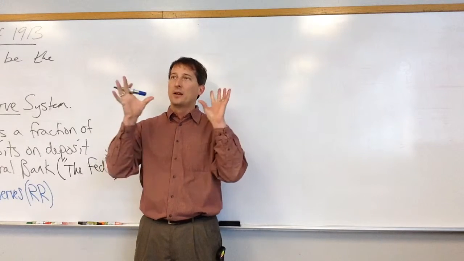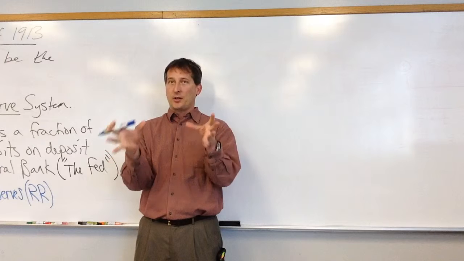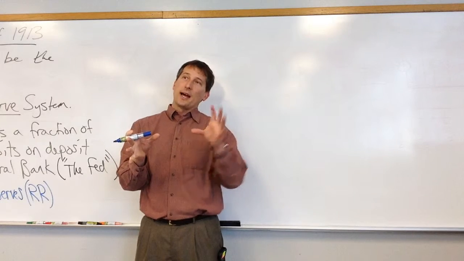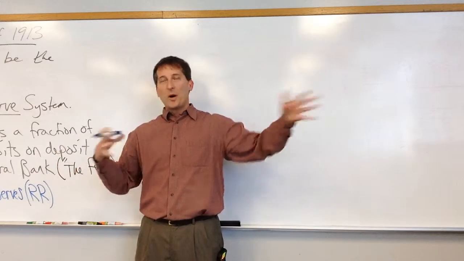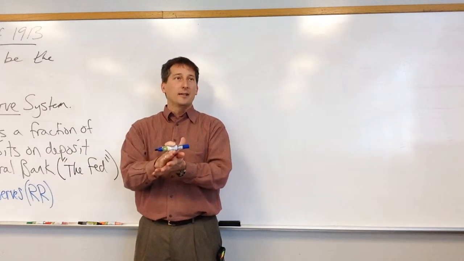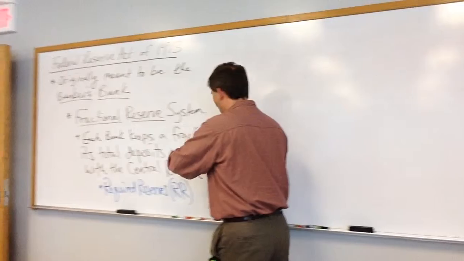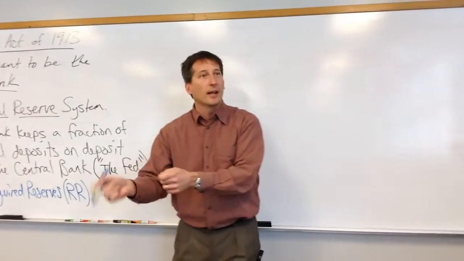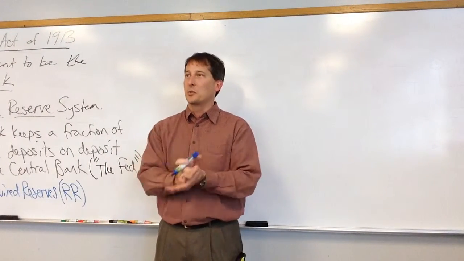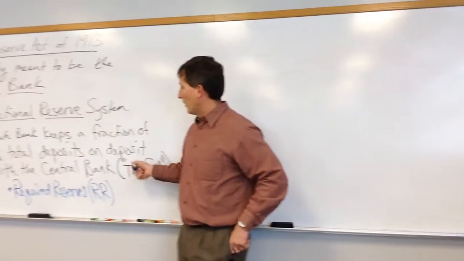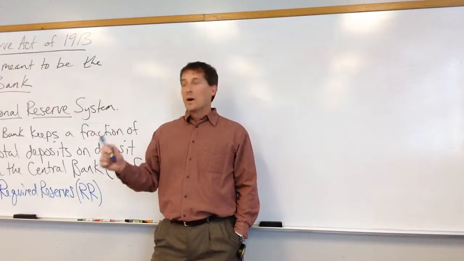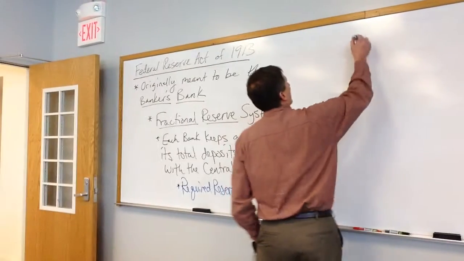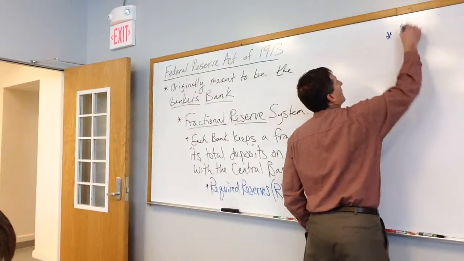So they have enough vault cash on hand so that if any one of their depositors on an average day walks into the bank and says, I want my money, they go to the bank vault, pull it out, whip out the hundreds, and service that person's withdrawal, right? So one part of the required reserves is vault cash.